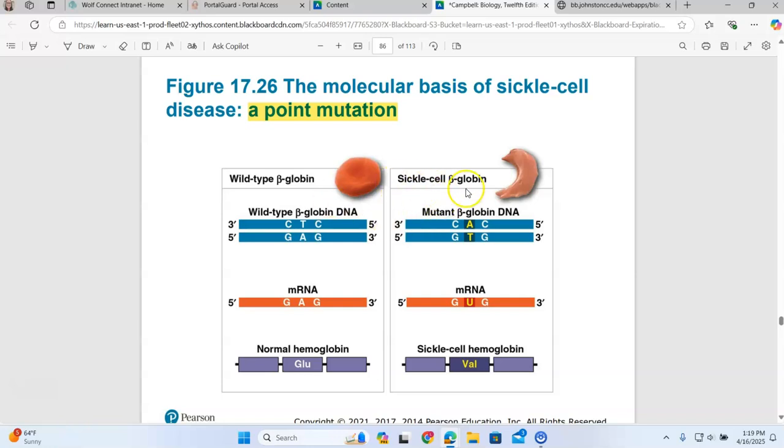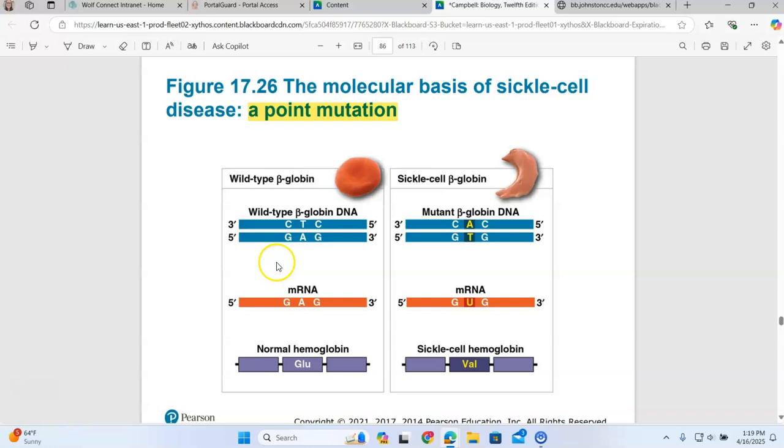But if you have the sickle cell beta globin on the hemoglobin molecule, that causes the red blood cells to be sickle shaped, and it causes many, many problems. Blood clotting is just one. And anemia is another, so low oxygen levels.